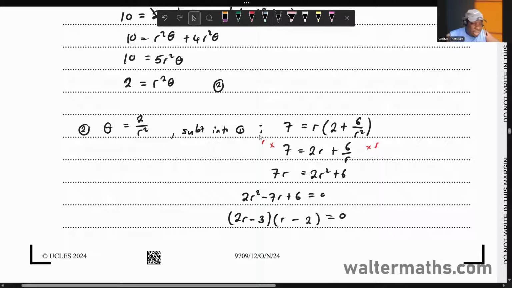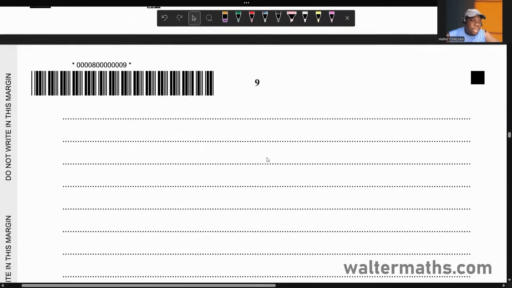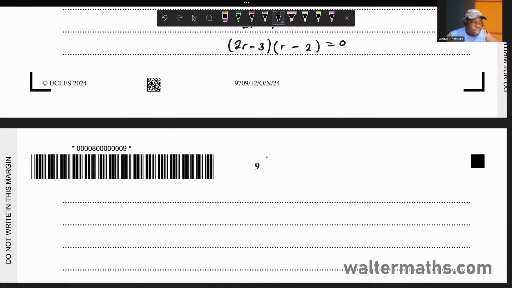So the possible values of r are 3 over 2 or r is equal to 2.